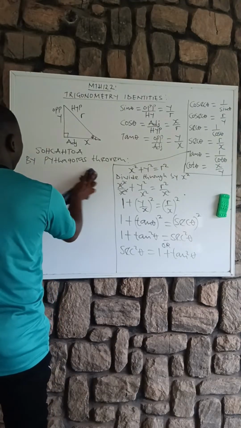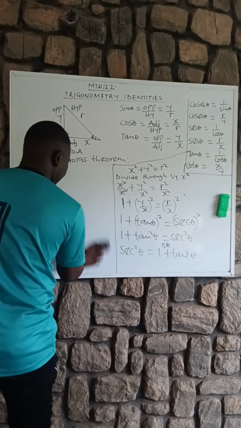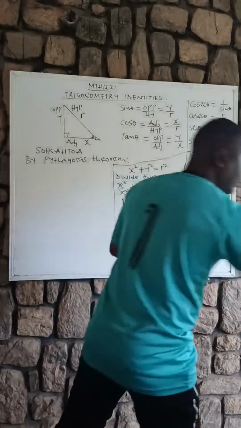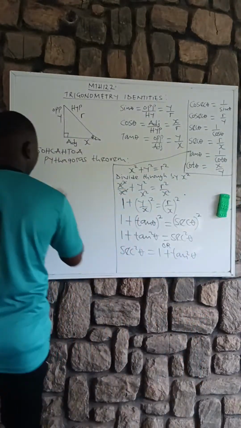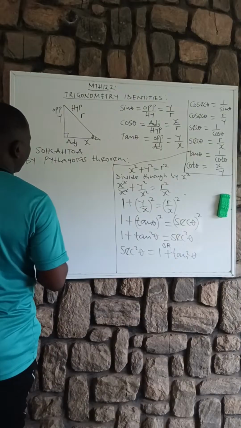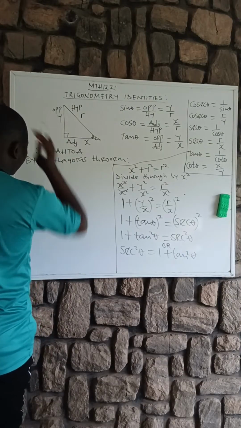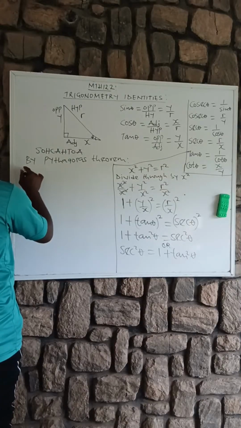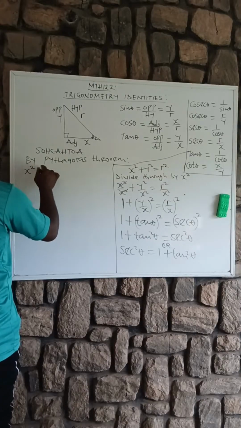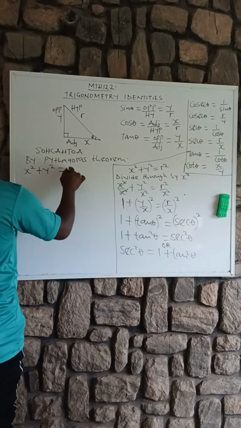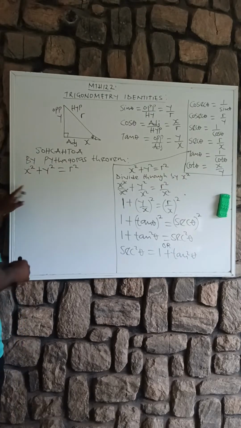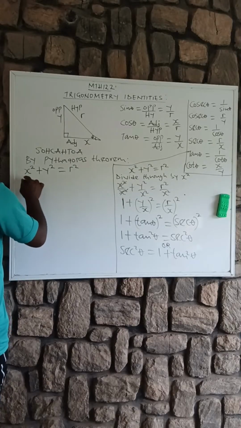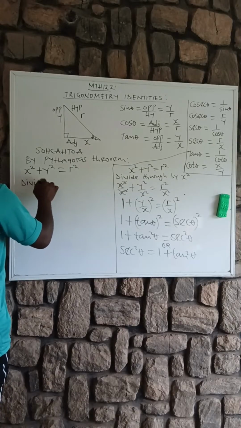Okay. We are still using Pythagoras theorem. So here, we still recall our x squared plus y squared equals r squared. So now at this point we are going to divide through by y squared.